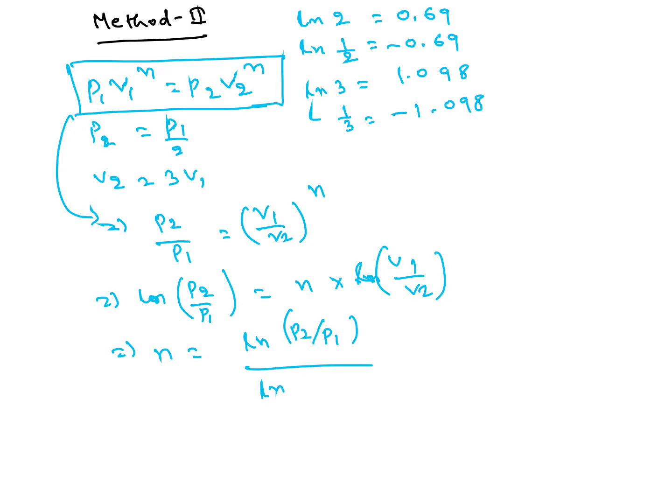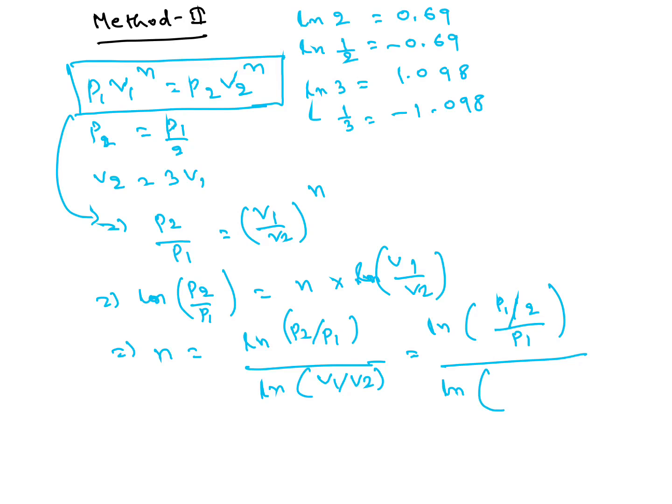So ln of P2 by P1, P2 is P1 by 2 divided by P1, divided by ln of V1 by V2, V2 is 3 V1.